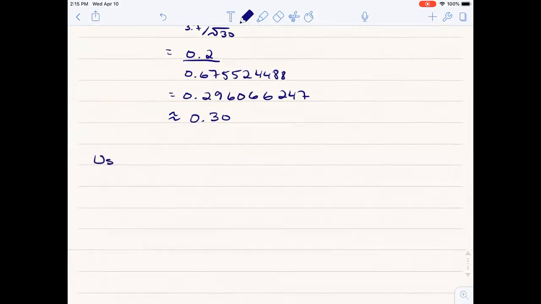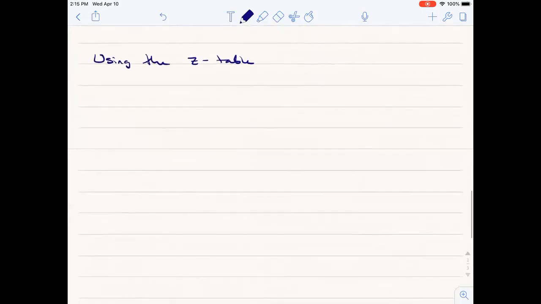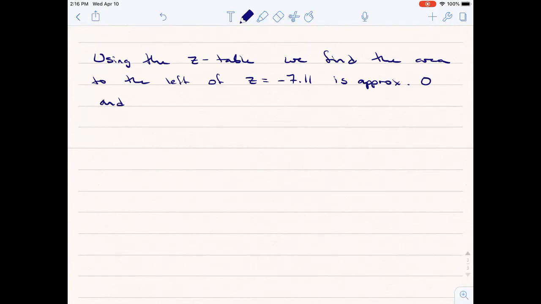So using the Z table, we find the area to the left of Z equal to negative 7.11 is approximately 0. And to the left of Z equal to 0.30 is 0.6179.